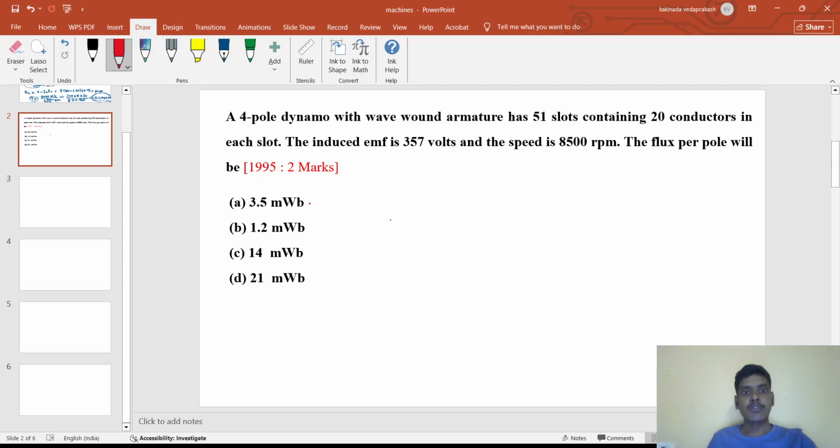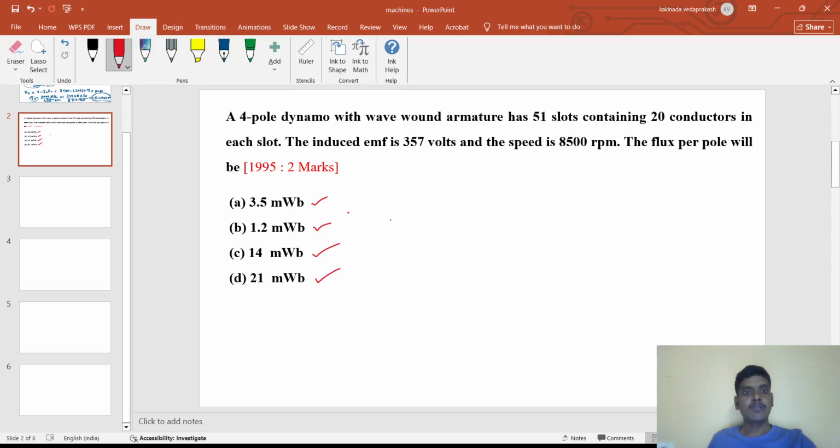They have provided four options. A is equal to 3.5 milliwebers, B is equal to 1.2 milliwebers, C is equal to 14 milliwebers, and D is equal to 21 milliwebers. Out of these four, we need to choose the correct option.